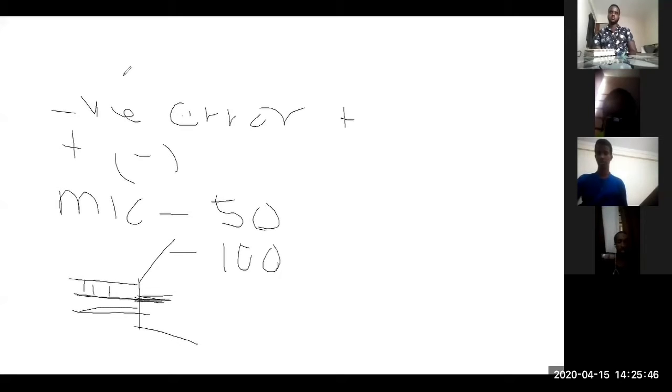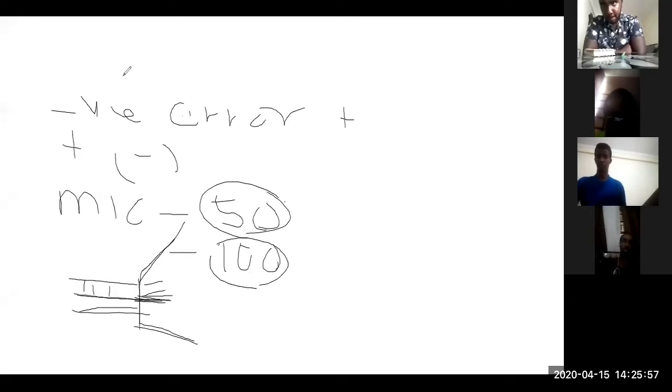So the one here is the thimble scale, which will have either the one with 50 divisions or another one with 100 divisions. For this case, if you look at our thimble scale here, we have 45 and then 0. That means we are having a half thimble scale division, a 50 division. So it is not 100.